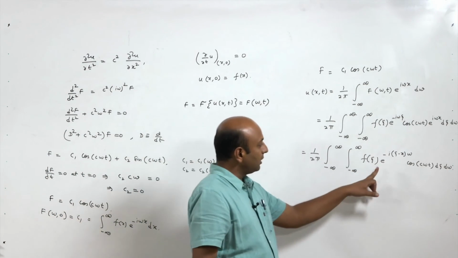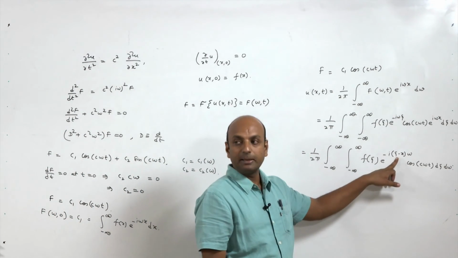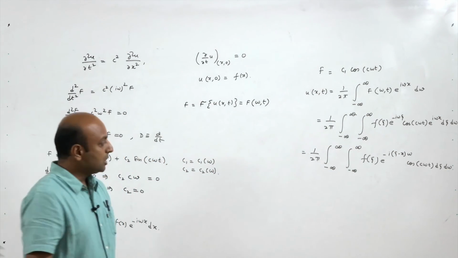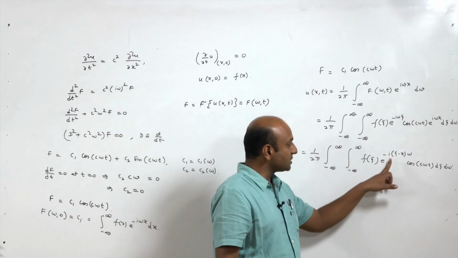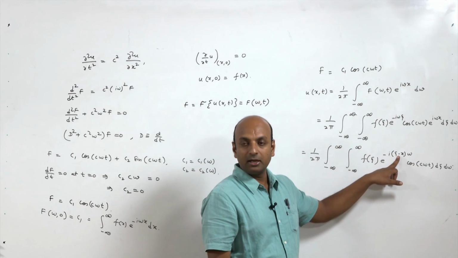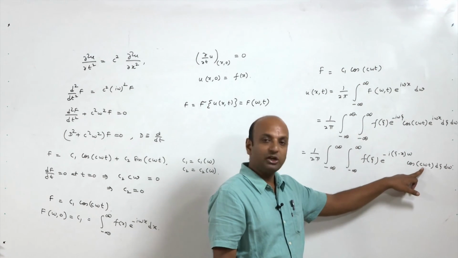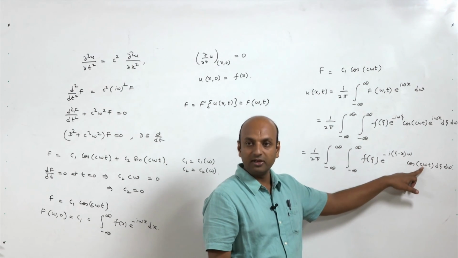Again, when you write e^(-iθ) as cos θ - i sin θ, then cos θ and cos(c ω t) are both even in ω, and even times even remains even.